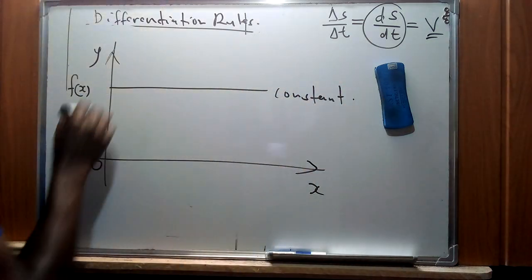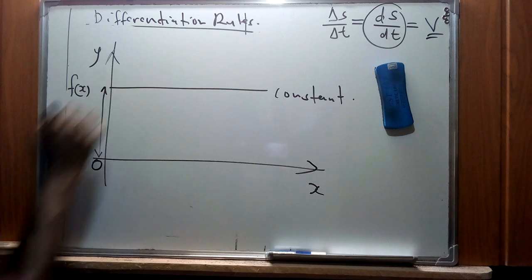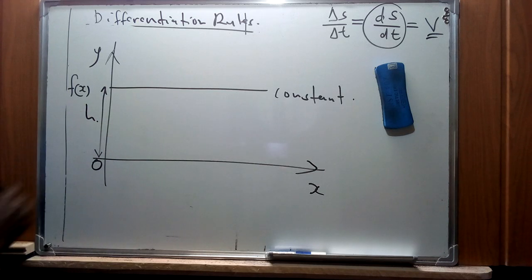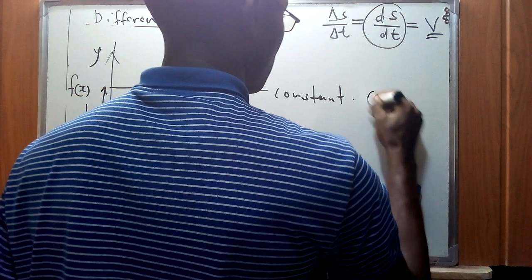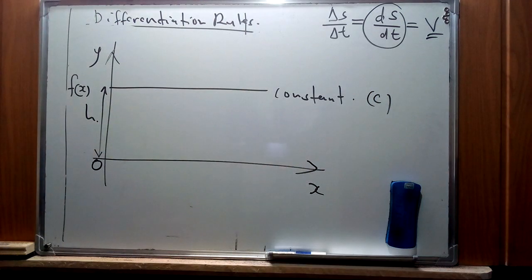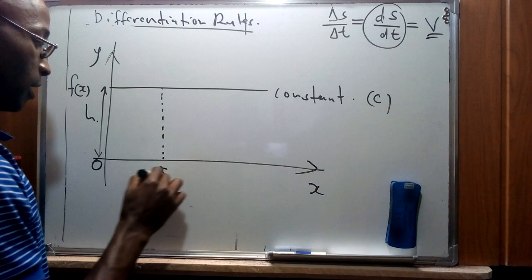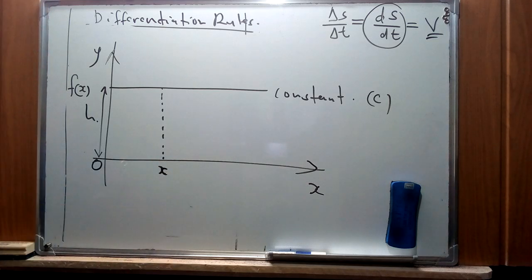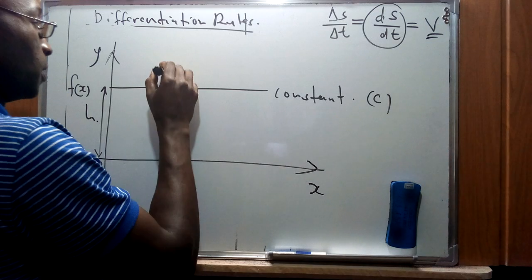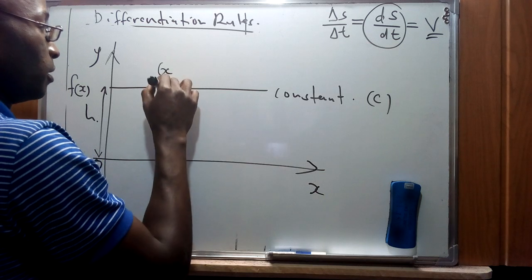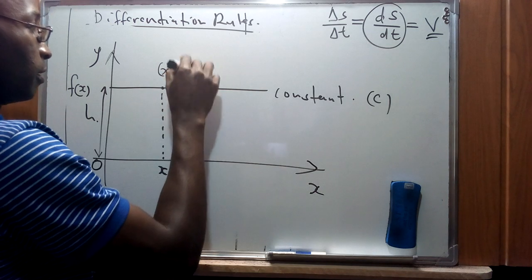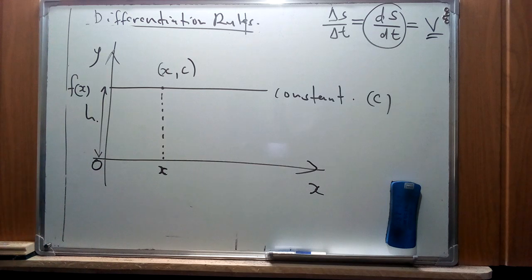So basically it refers to the fact that the change or the difference in the y-axis, which we can denote as h, does not change with respect to the x variable. In this case we can denote this constant as c. If at a particular point x we give the coordinates for this specific point, it will be x, while the y-axis is given as c.